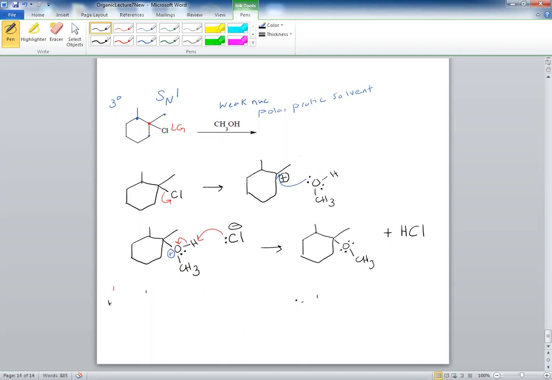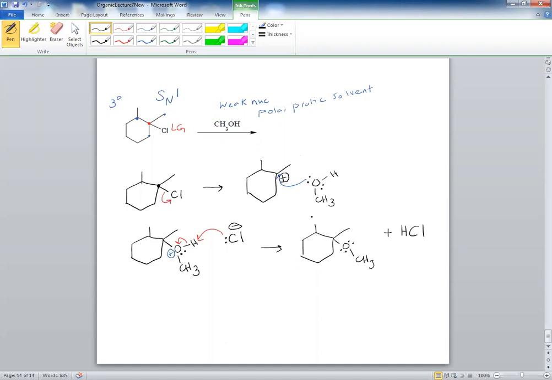The next thing you have to do is, again, check for stereochemistry. Do you have a stereogenic center? And you do. If you have a stereogenic center, then you are most likely going to have a stereogenic center afterward, and of course 2 different stereoisomers, enantiomers.